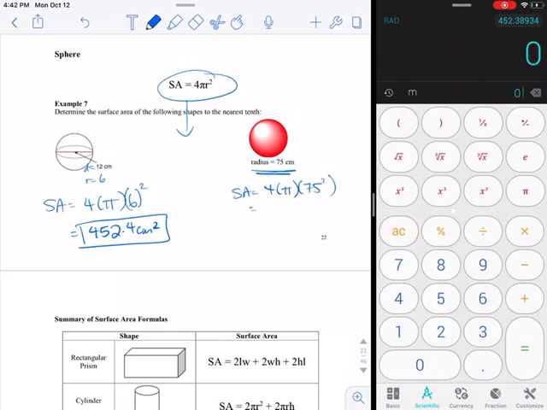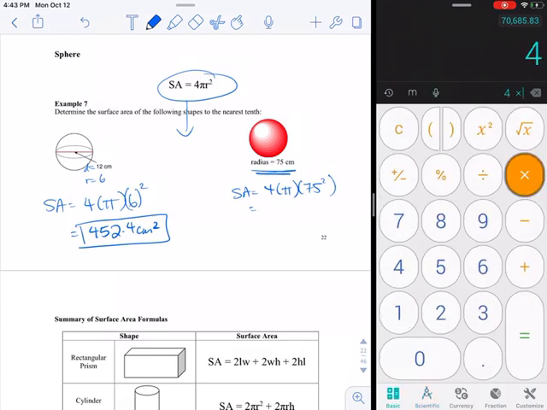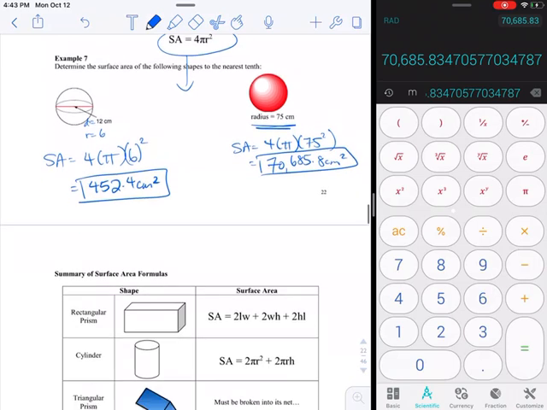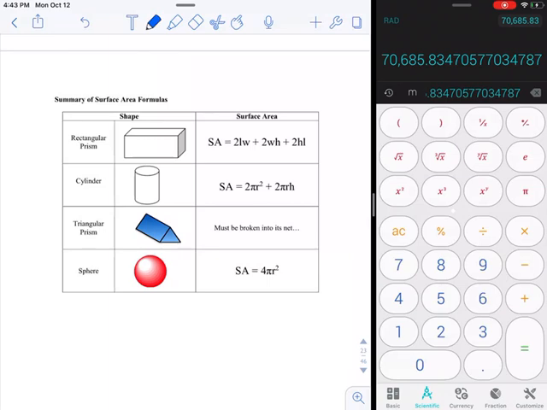I think this is going to be a big number. 4 times pi times 75 squared. Oops, erased it. 4 times, oh, there it is. 70,685.8 centimeters squared.